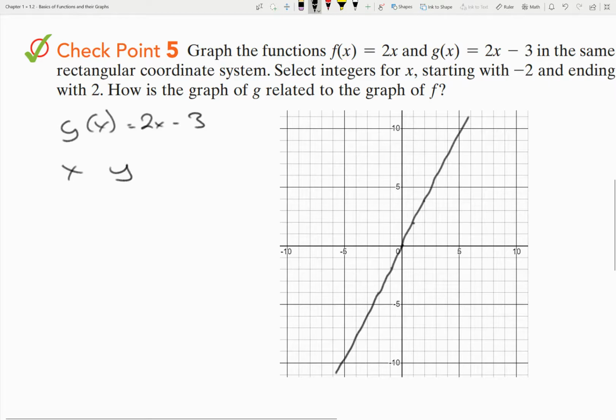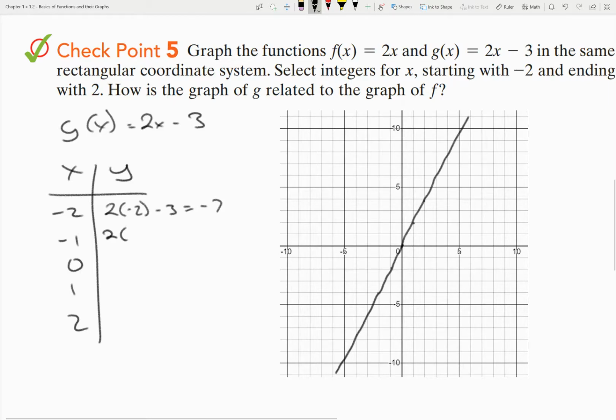So again, if I'm going to make my table, -2, -1, 0, 1, and 2, right? What am I plugging into? I'm plugging it into the function. So g of -2 would be 2 times -2 minus 3, which is -4 minus 3, which is -7. 2 times -1 minus 3, which is -2 minus 3 is -5. 2 times 0 minus 3 is -3. 2 times 1 minus 3 is -1.